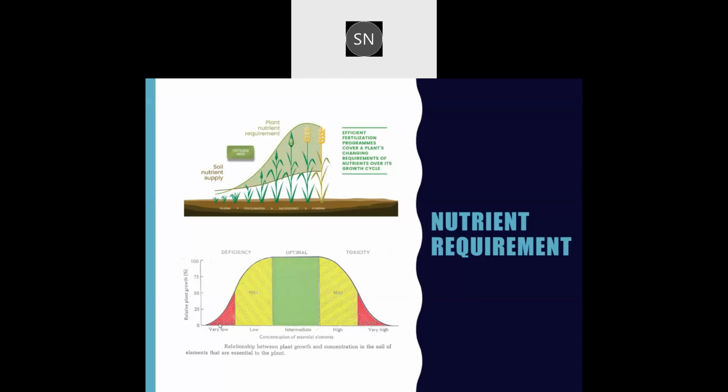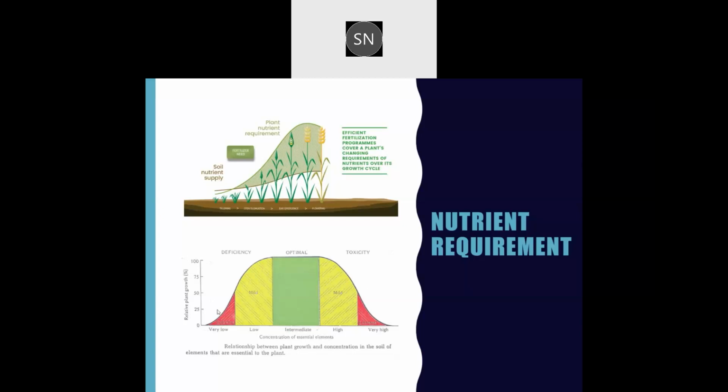Basically, you have to mention all the wordings in the graph, like relative plant growth, which is the percentage of plant growth. Less nutrient, mildly available nutrients, nutrients available at optimum level, slightly higher and very high nutrient availability.